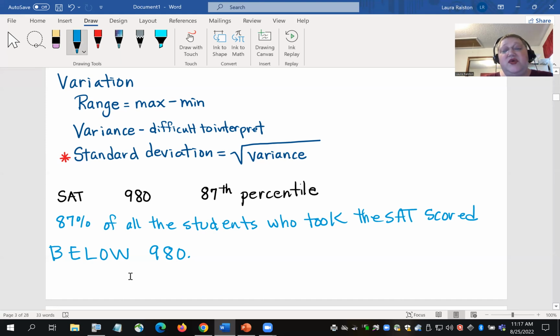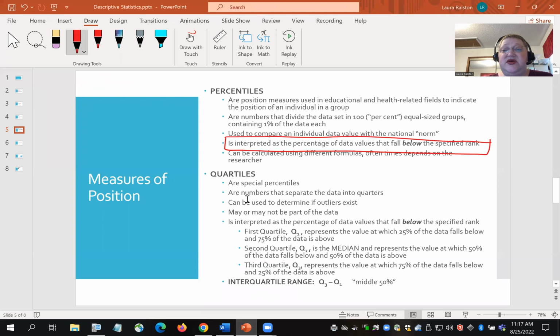Now, again, we're not going to actually calculate the percentiles, because there's different ways of doing it. What we focus on and what MINITAB will calculate for us is called the quartiles. Quartiles are a special type of percentile, and it divides the data set into quarters, or into 4 equally sized groups.